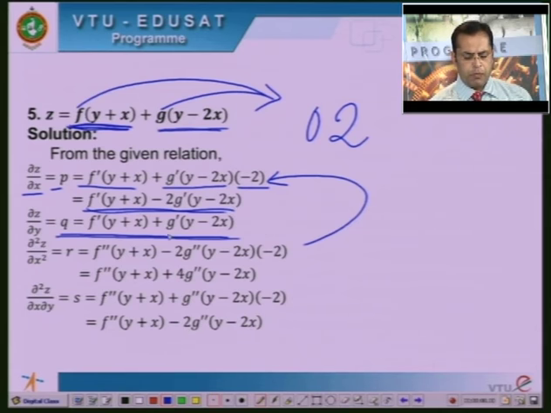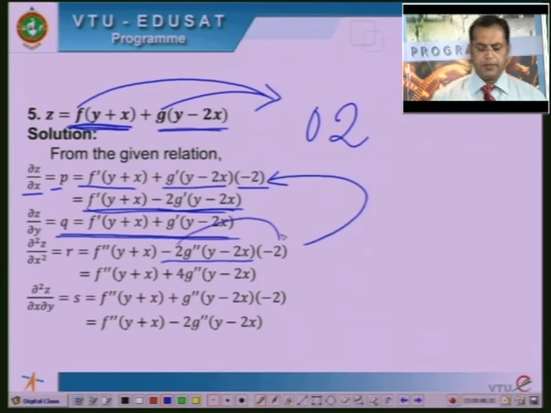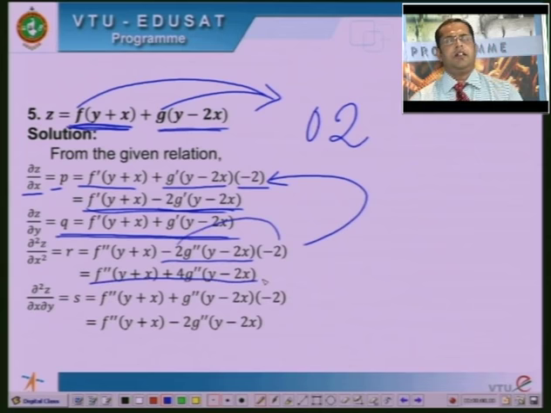Then minus 2 g dash of y minus 2x transforms to minus 2 g double dash of y minus 2x into the differentiation of y minus 2x with respect to x, which is minus 2. Rearranging, minus 2 into minus 2 gives you 4, leaving r as f double dash of y plus x plus 4 g double dash of y minus 2x.